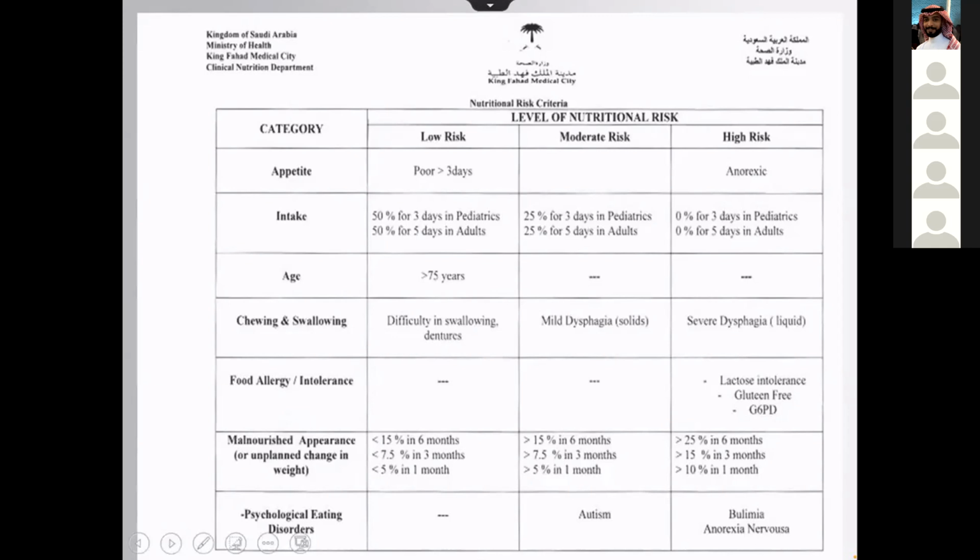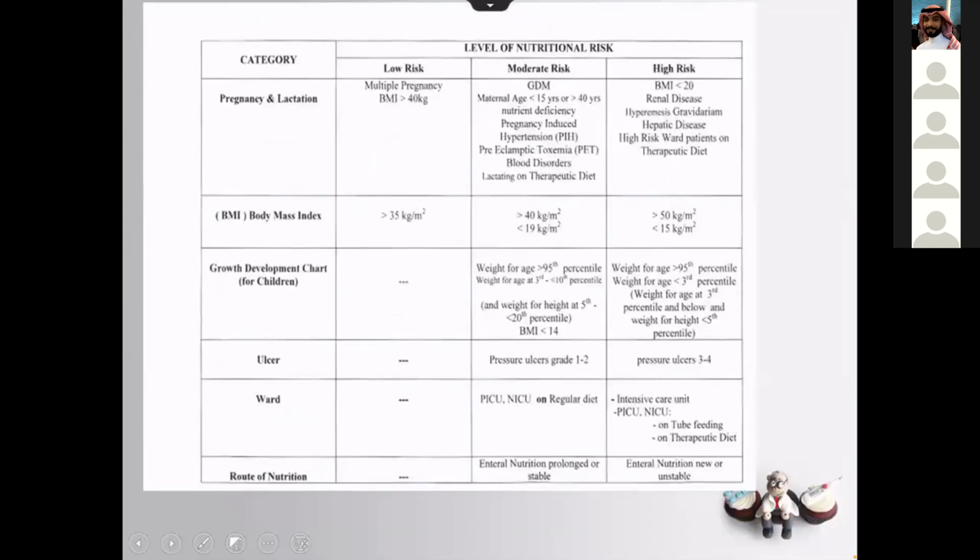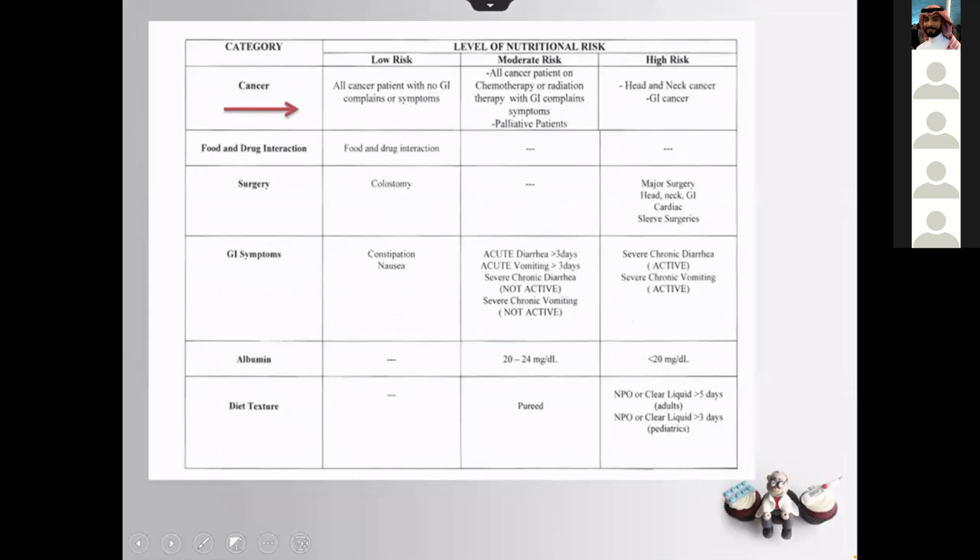For oncology patients, all cancer patients with no GI complaints or symptoms will be low risk. Moderate risk is for all cancer patients on chemotherapy or radiation therapy with GI complaints or symptoms, and palliative patients. High risk is head and neck cancer and GI cancer. Maybe these categories should be shared with you.